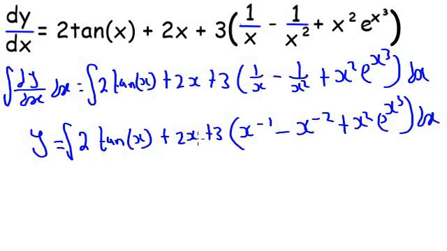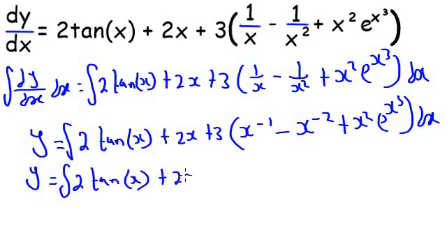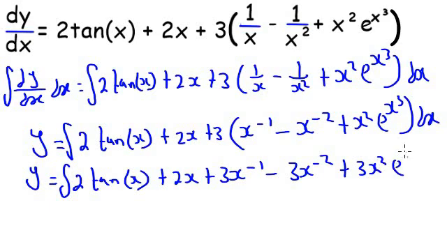At this point, we can expand the parentheses by making use of 3 since it is the coefficient. Then we can have y equal to the integral of 2 tan x plus 2x. Then I will distribute this 3 to each of the terms within the parentheses respectively. Then I can have plus 3x to the power of negative 1, then minus 3x to the power of negative 2, plus 3x squared e to the power of x cubed dx.